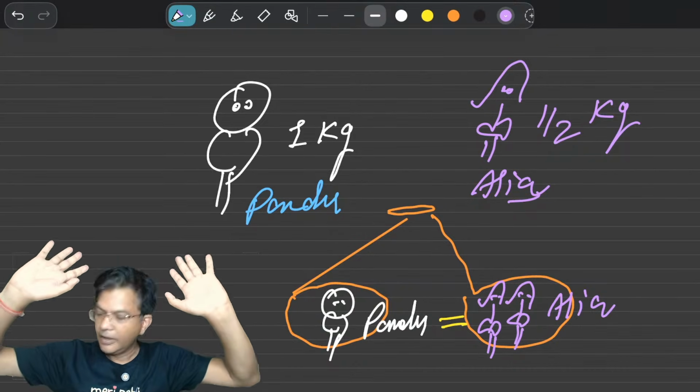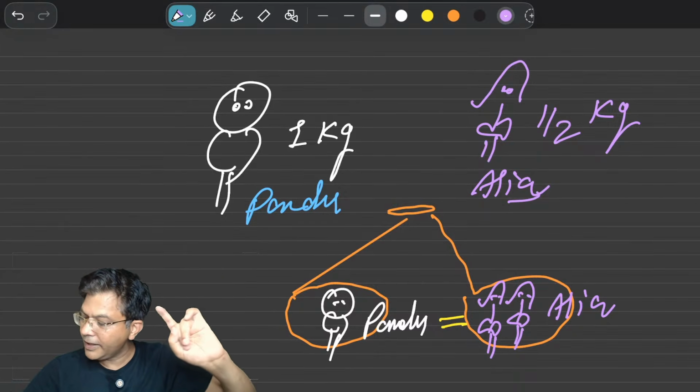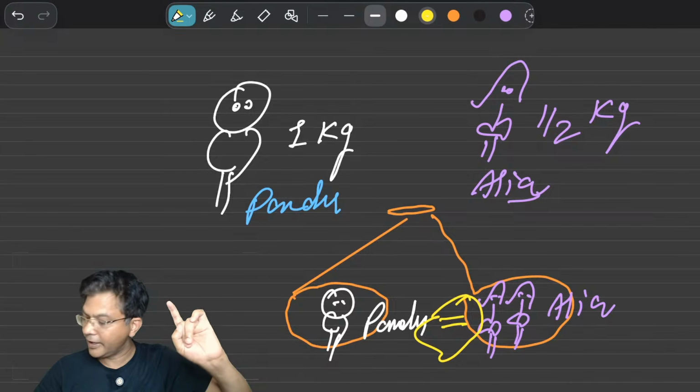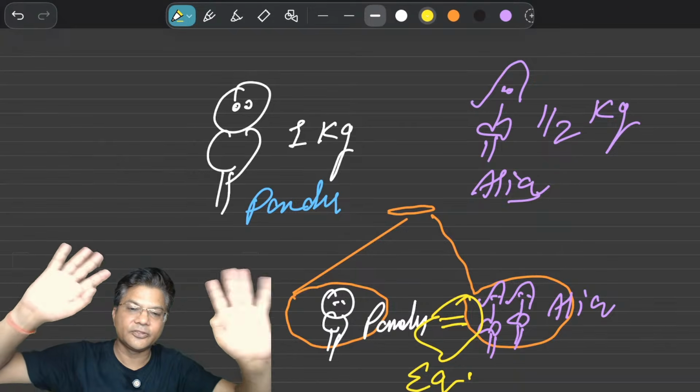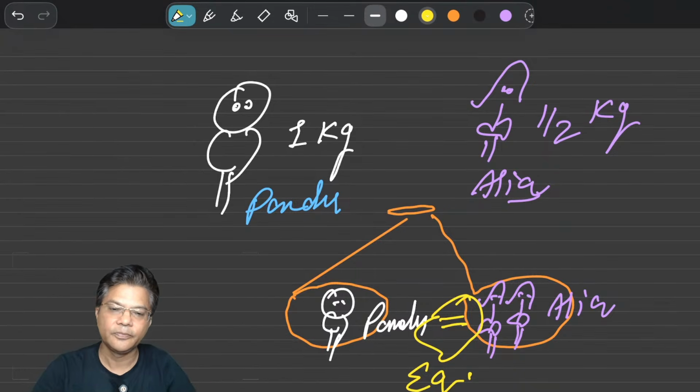If I really want to make equilibrium, if I really want to put this equilibrium sign, then I have to allow 2 Alia on the right hand side. Am I right or not? We will need 2 Alia.